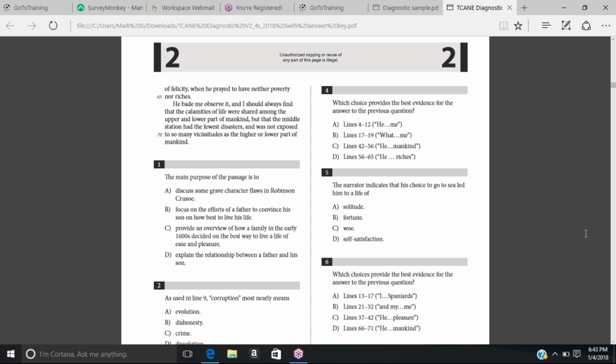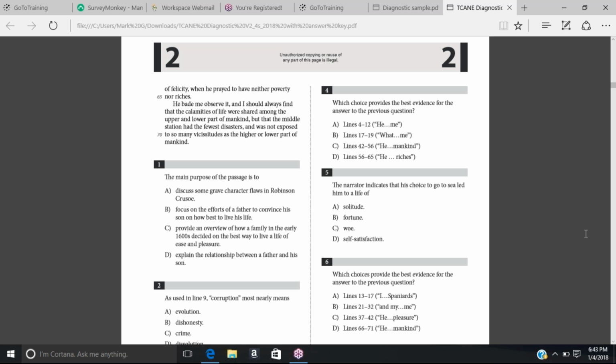It's very close. This deserves scrutiny. Let's scrutinize together. C: provide an overview of how a family, good, in the early 1600s, good, decided on the best way to have a life of ease and pleasure. I have 2 problems with it. They're minor, but they're enough to make it inferior to choice B. Number 1 is the word best, and I'd like everyone to circle that word.